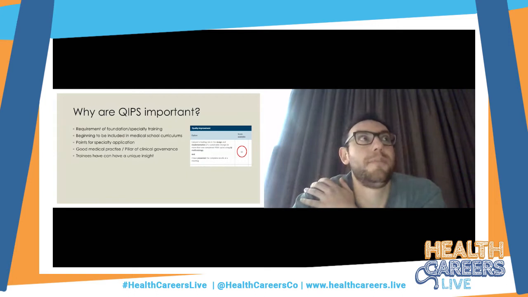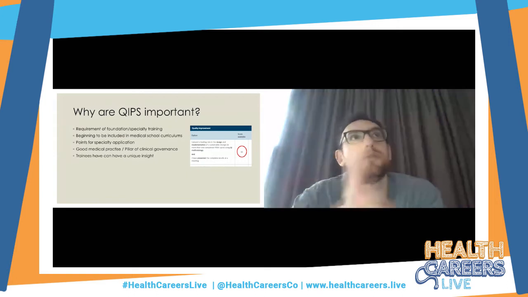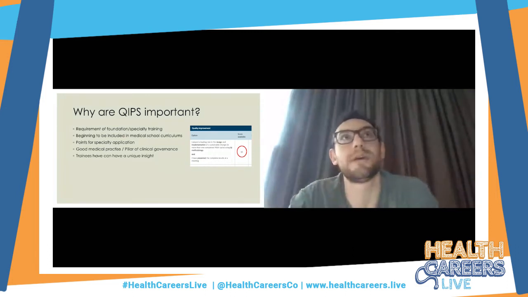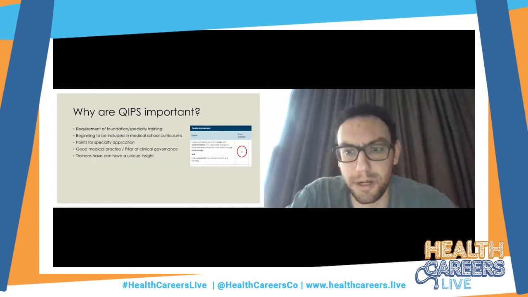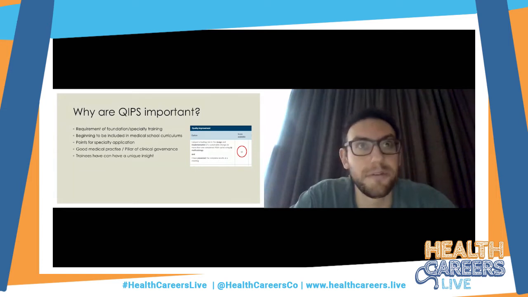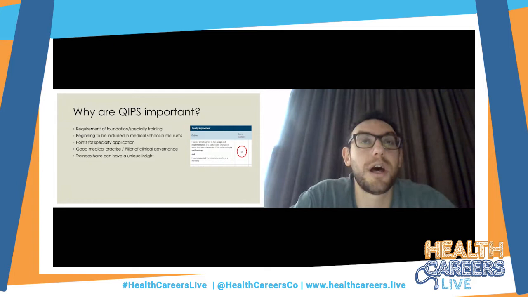To put that in perspective for IMT application, the median, the average applicant score is around 22, 23. So a QI project forms a massive part of that. If you can get one under your belt early doors in foundation training, it puts you in good stead. And every Royal College is going to give points for a QI project.